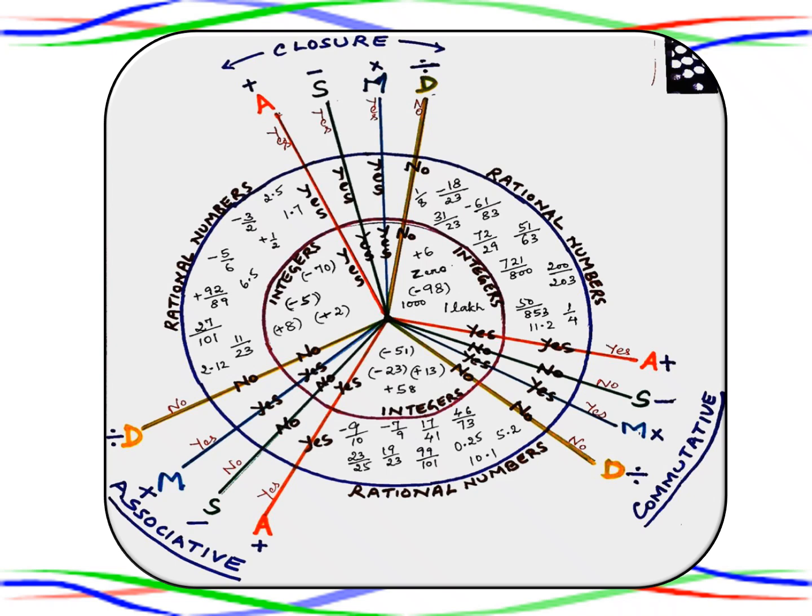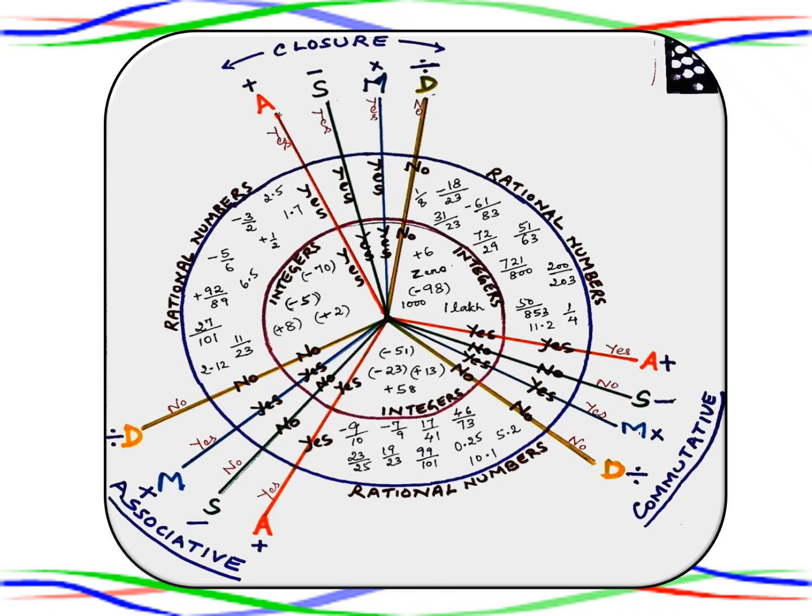The outer circle has the integer circle already inside. So exactly the relation between integers and rational numbers is depicted as one contained in the other, because all the integers are rational numbers also, because they can be written as over 1. Say 5, 5 by 1, 10, 10 by 1, 0, 0 by anything. So likewise it goes.